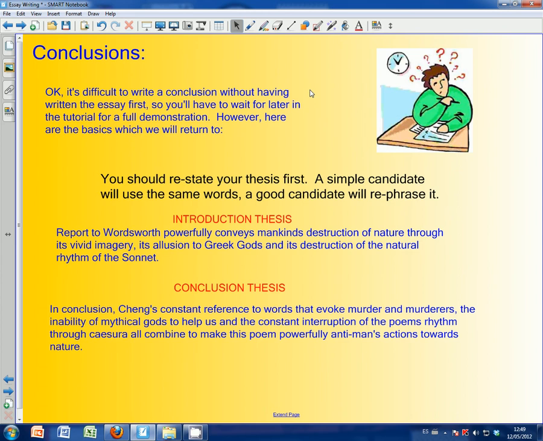So, looking at the example, we can see quite clearly how it's been reworded. Let's just remind ourselves of the key points of the original introduction, that we're going to talk about imagery, illusion, and rhythm. In conclusion, Cheng's constant reference to words that evoke murder and murderers. Well, that's his imagery, isn't it?